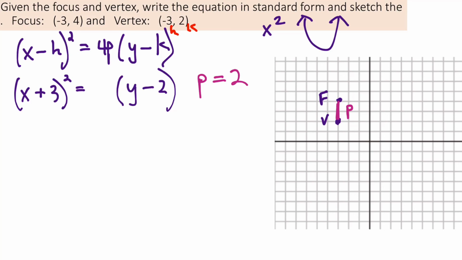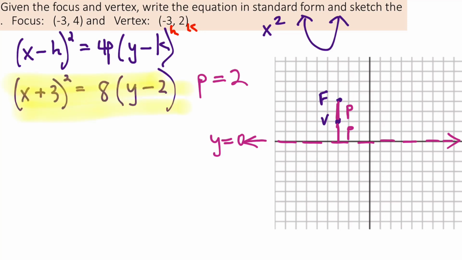Of course, p would also be the distance to your directrix. Let's just sketch that in as well. This is your directrix, so that's right on the x-axis, equation y equals 0. All right, so if p is 2, then 4p is 8, so we can put 8 right here. All right, so that's our equation.